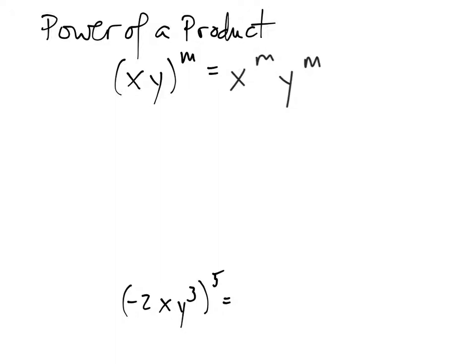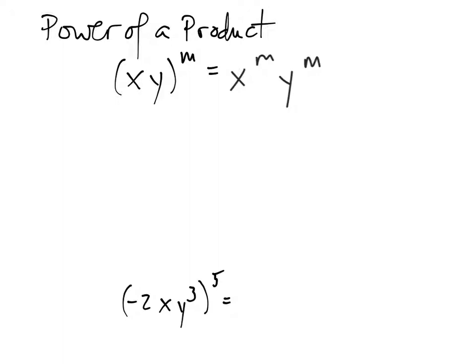Not just negative 2x. Like, I think that you're skipping something. Now there's too much. Negative 2 is going to be raised to the fifth power, right?